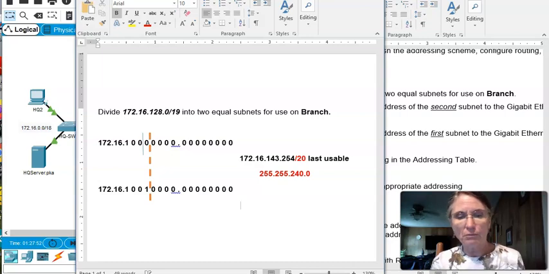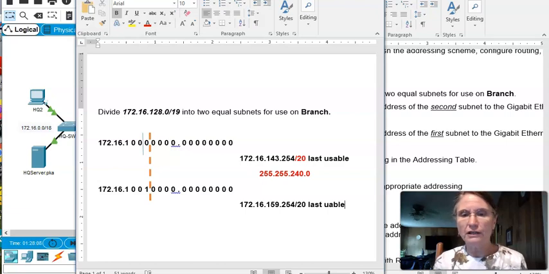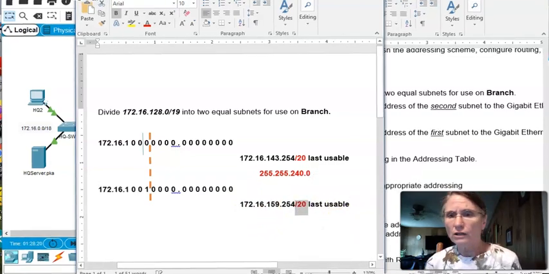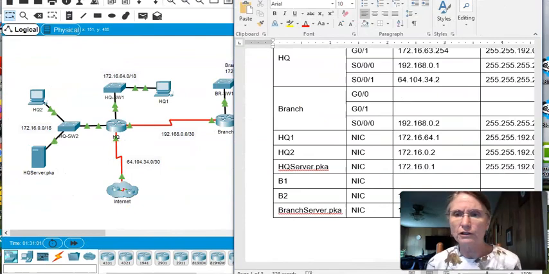So we would come up with 172.16.159.254 in a /20 for the last usable address in that subnet with the same net mask. So let's take a look at the chart that we need to populate.